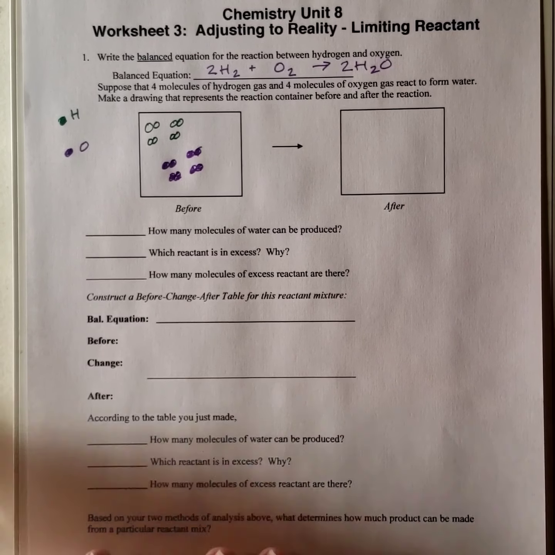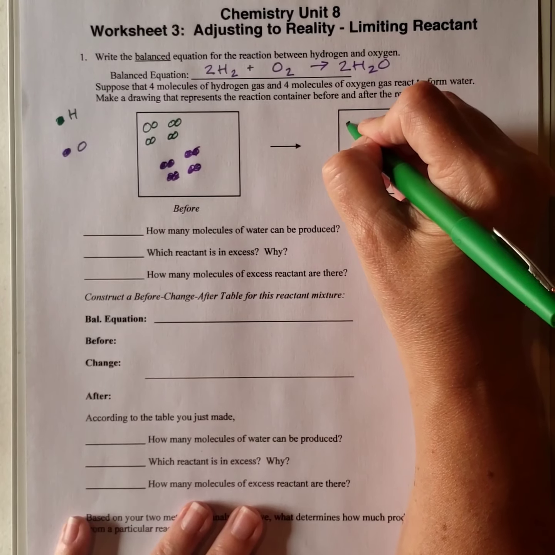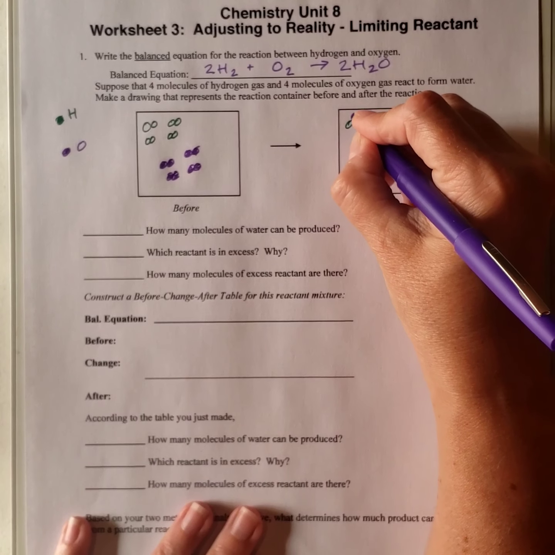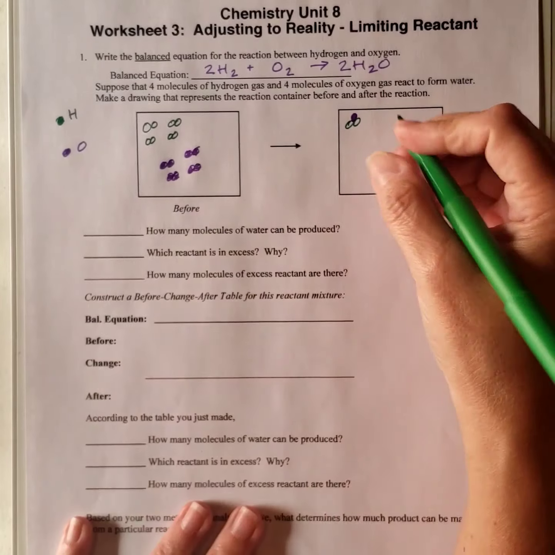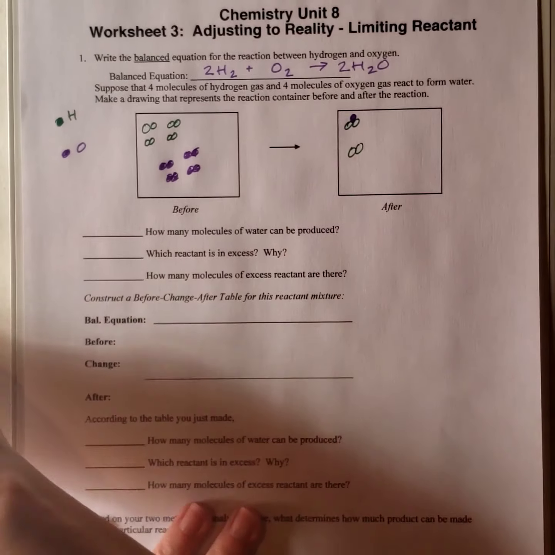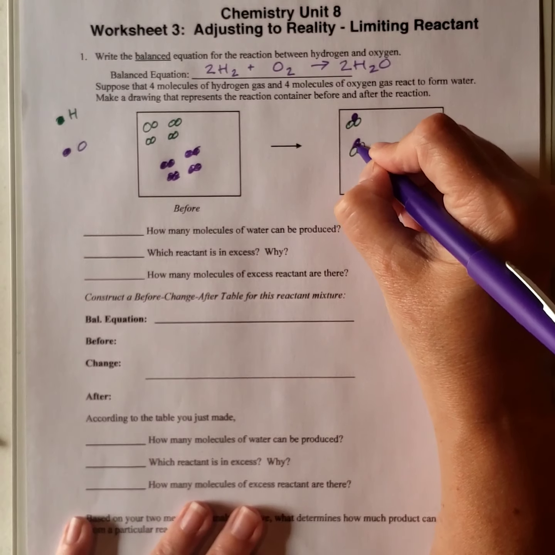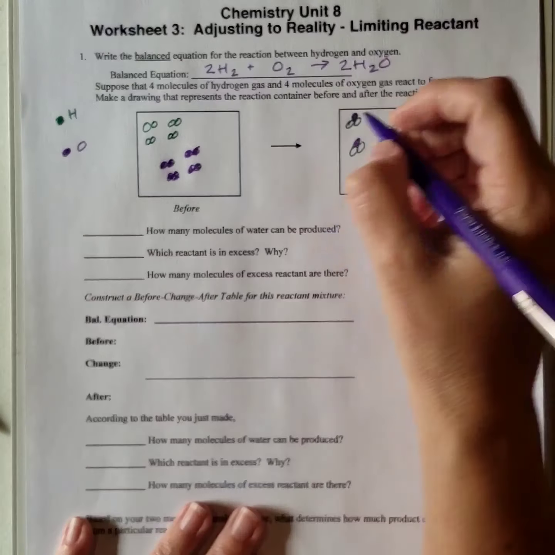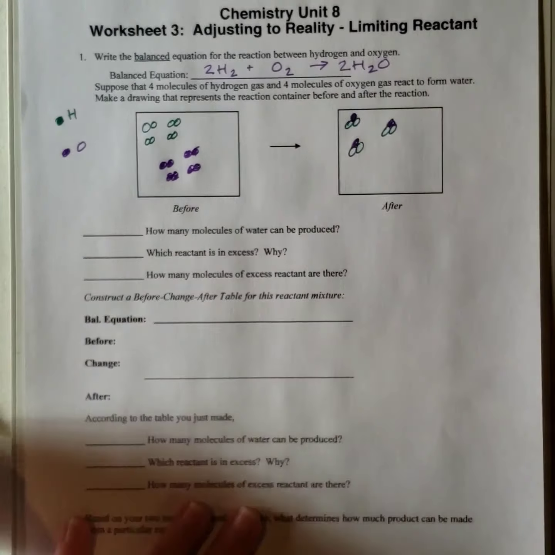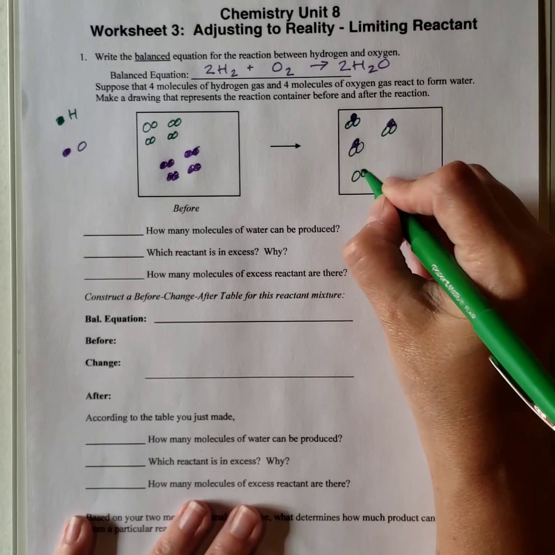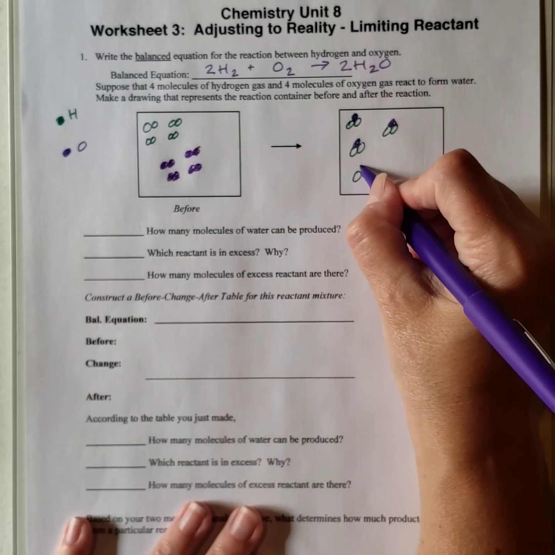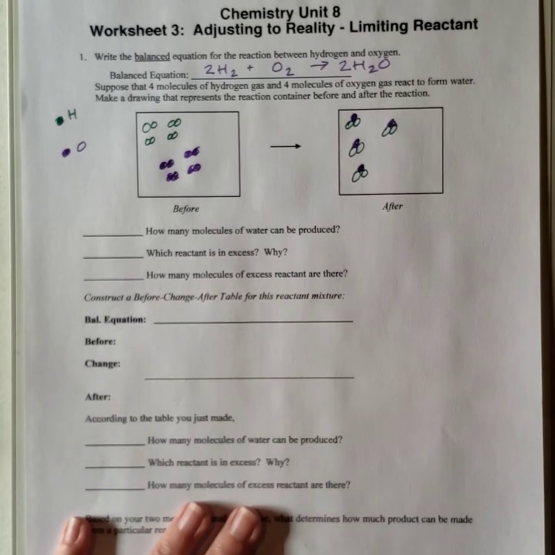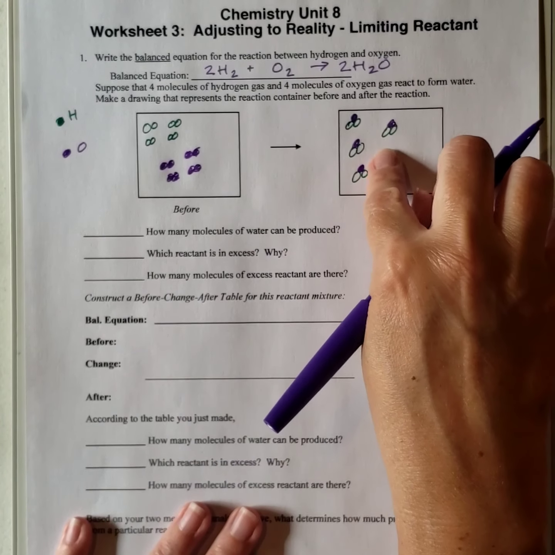So for every 2 hydrogen, we have 1 oxygen. So every 2 hydrogen, we have 1 oxygen. 2 hydrogen, 1 oxygen, 2 hydrogen, 1 oxygen. So I have 1, 2, 3, 4, 5, 6, 7, 8 atoms of hydrogen here.